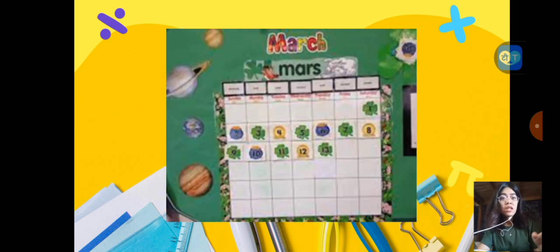As you can see here, they are arranging the days and weeks of the month of March. This is a prime example of sequencing, letting the students have a hands-on experience, because we are learner-centered nowadays. It's very important they have hands-on experience with this type of learning.